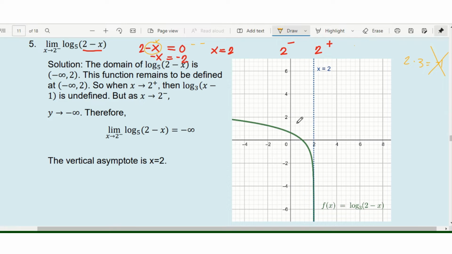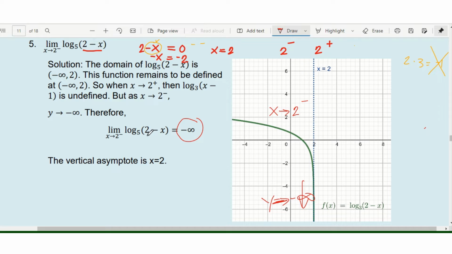Does not allow. That is why when we observe the graph of this function, we can vividly see that when x keeps on approaching 2 from the left, then y keeps on decreasing. That is the reason why this is negative infinity.